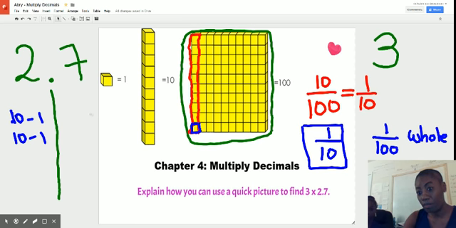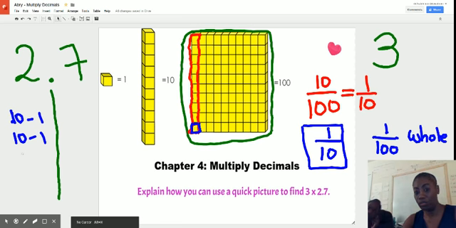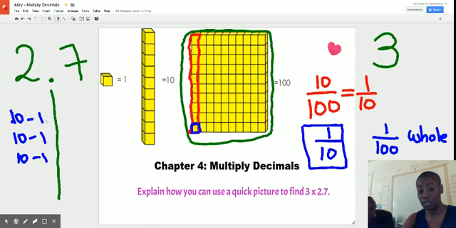2 of them, but how many of those 2s do we need? 3. We need 3 of the 2s, right? So we have to add how many more? 1 more will give us 3. Right? That represents 1 though. That just represents 1 of the 2, but we need how many? 3.